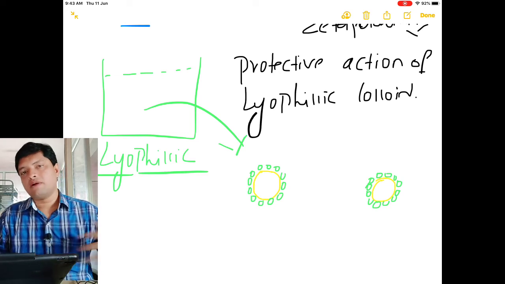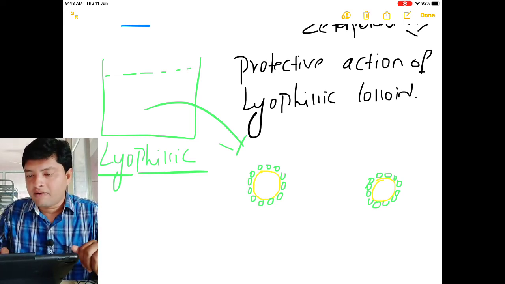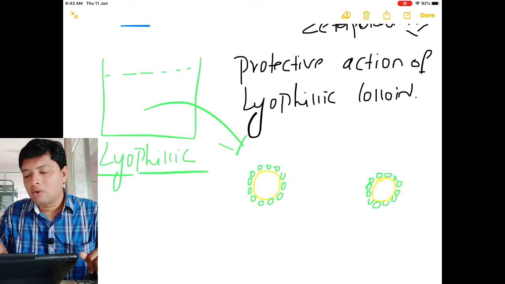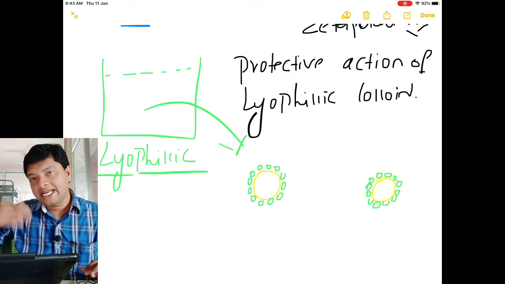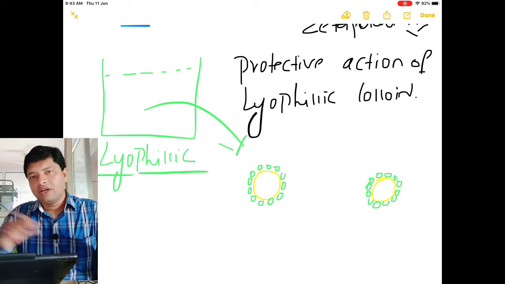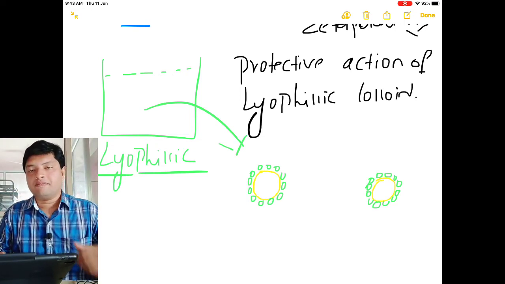If the solvent is water, I am calling it hydrophilic. When the lyophilic colloid, which is itself solvent loving, forms a sheet around the lyophobic colloid, it will convert the lyophobic colloid, which hates solvent, toward lyophilic. Not directly lyophilic, but by adsorption on that it will increase the stability.